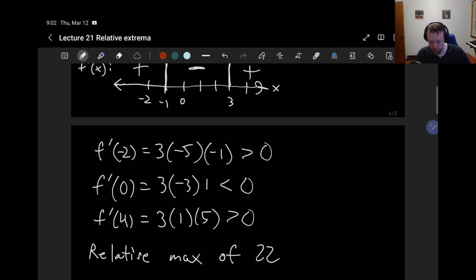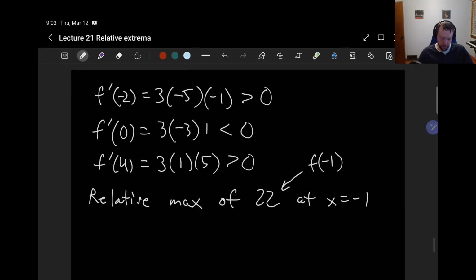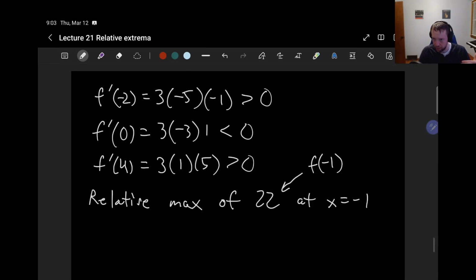I'm going to say of 22. I'll talk about where I got that. But it's at the x value -1. 22 is just the y value when you plug -1 into the original function, into f. Remember, the maximum value itself is the y value, but it's at this x value.